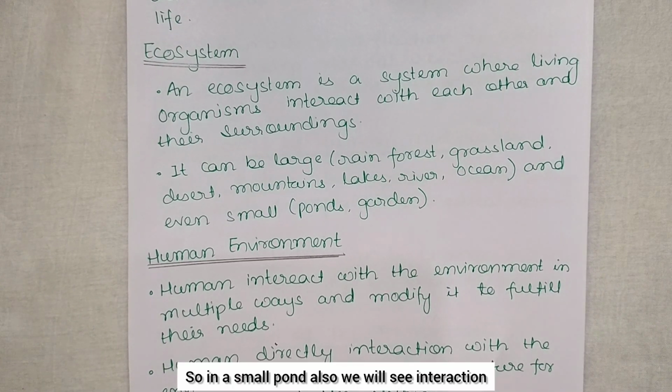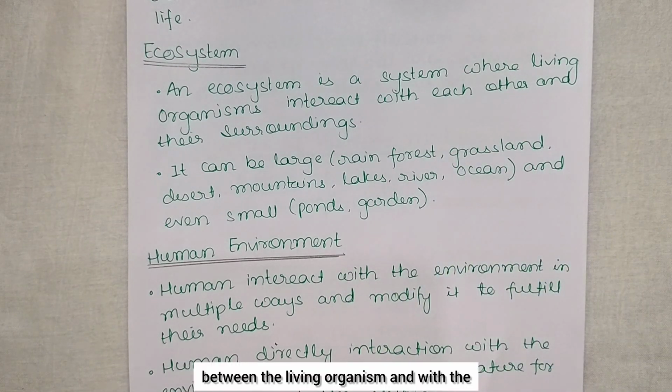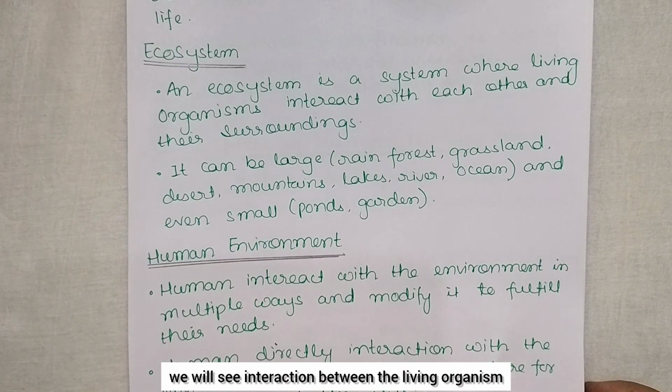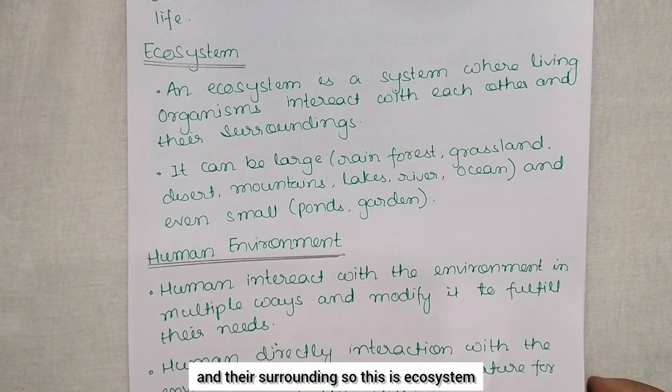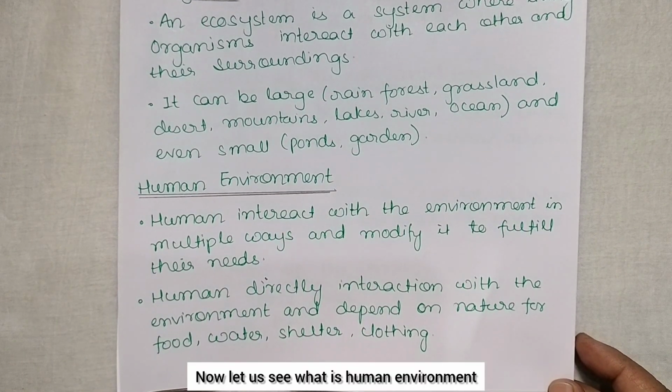In a small pond also we will see interaction between the living organisms and their surroundings. Okay, and in a rainforest also we will see the same interaction. So this is an ecosystem.